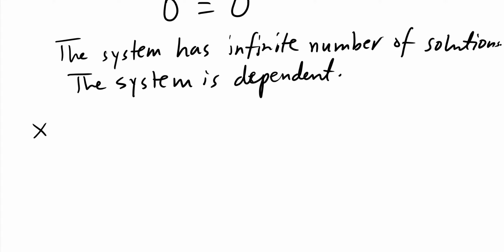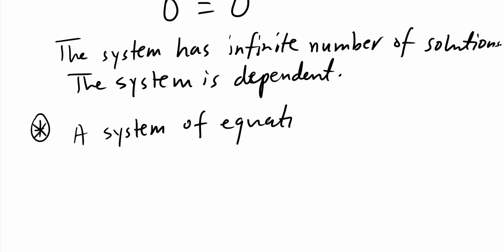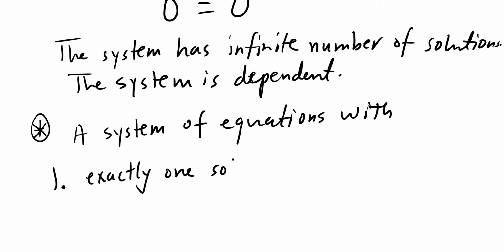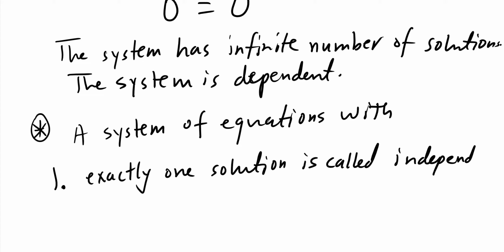We can summarize those cases here. A system of equations with exactly one solution is called independent.